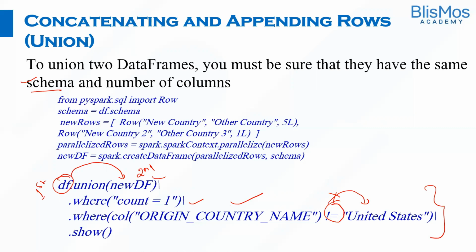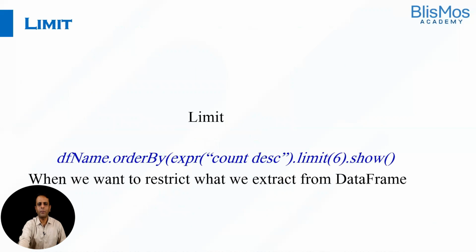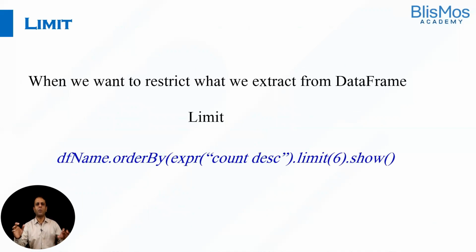One more last thing: let us say you are working with a data frame, and you don't want to see all the rows. You want to limit what you see. You can do that with the limit method.